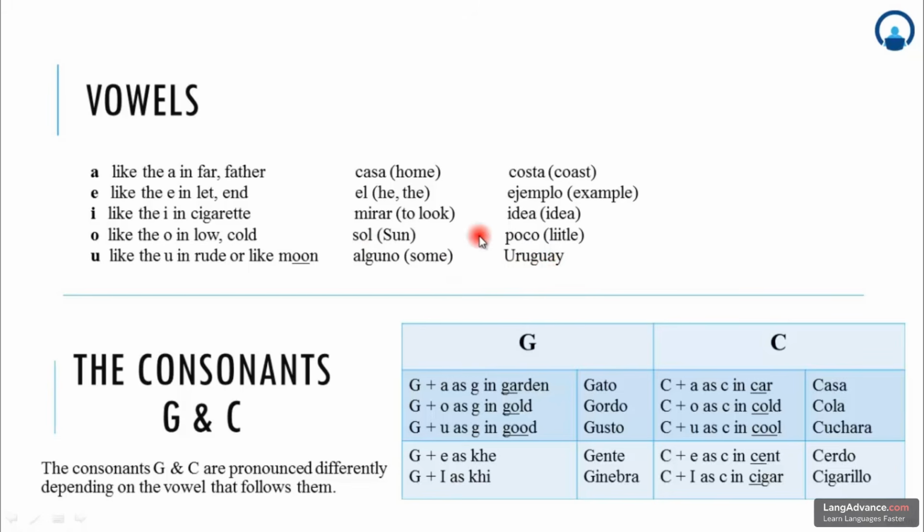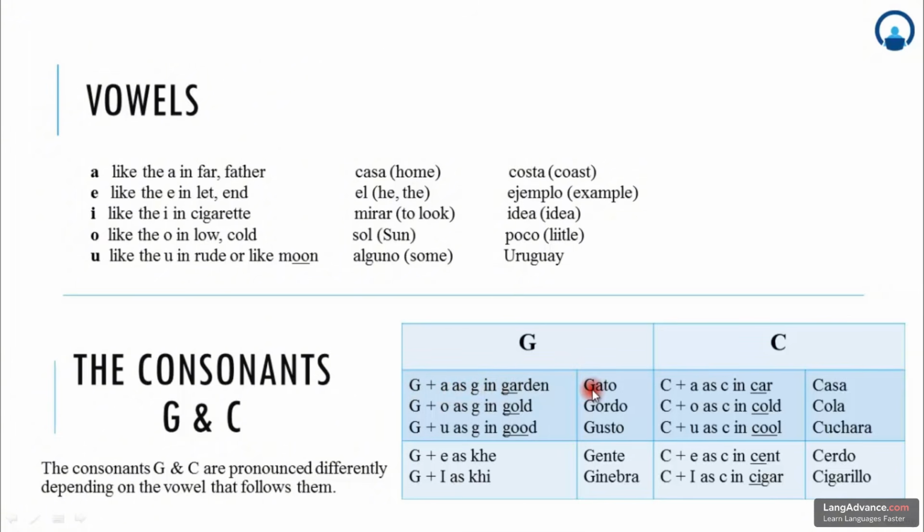Now that was with the vowels. There are two consonants in Spanish which have got special rules for themselves, the consonants G and C. Now we have got a table over here to demonstrate what those rules are. If you see the letter G followed by A, it is pronounced as ga.